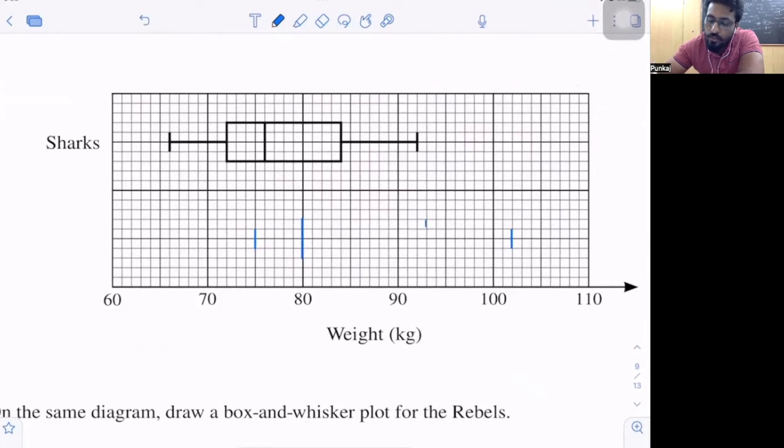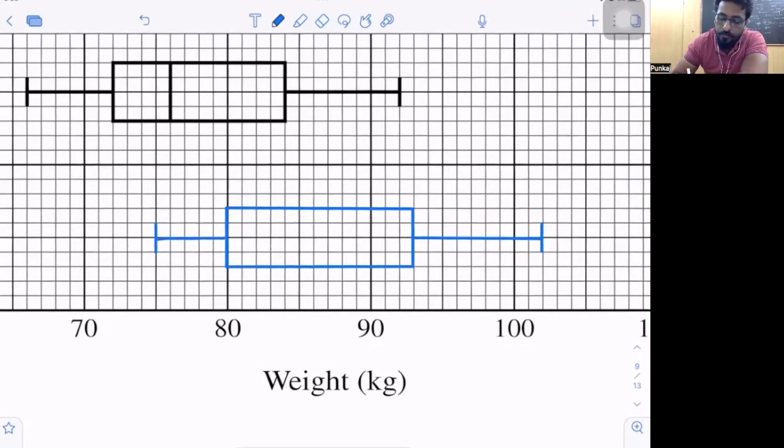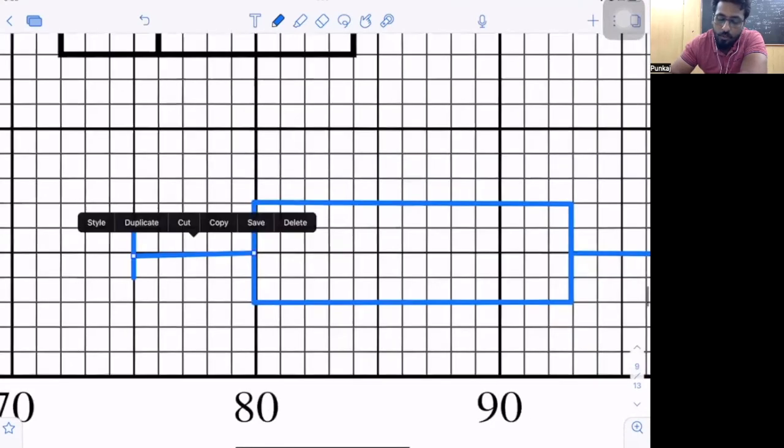So this is where you have 93, right, students? Complete the box. Let's quickly complete the box. Okay, draw the whiskers. So the whiskers are also made.